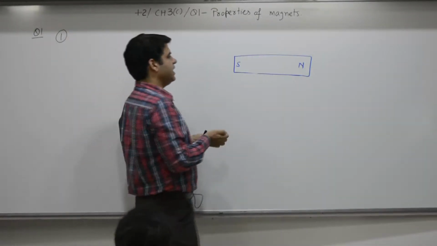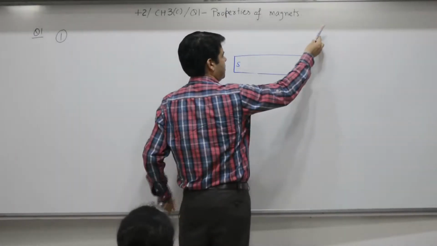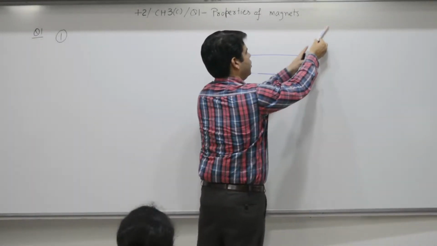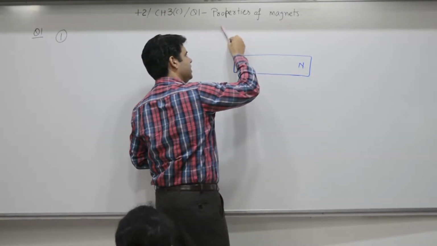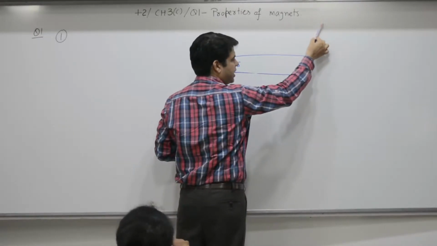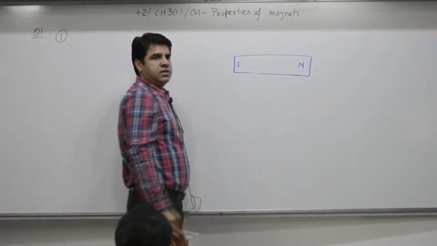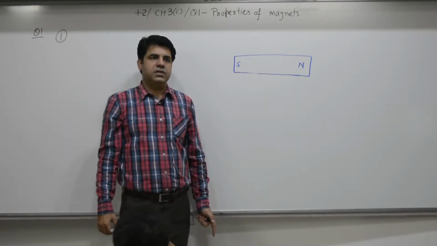No, it is different at different positions. For example, if you bring a north pole nearby here, north and north will repel. Here also repulsion, repulsion, repulsion. At this point, north and south will attract. That means between this point and this point, the nature changes from repulsion to attraction.